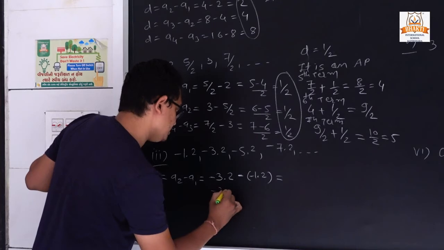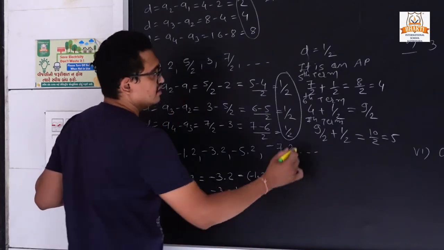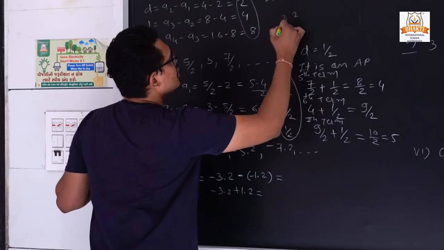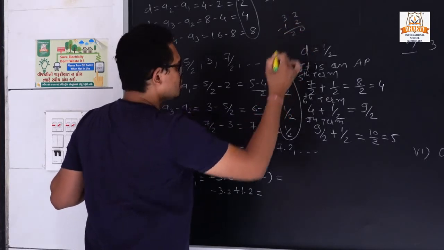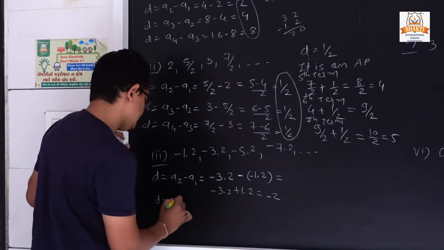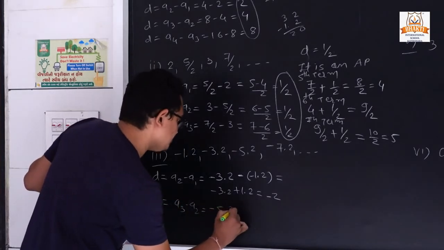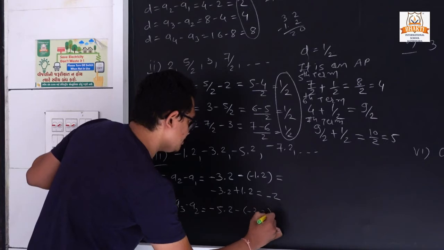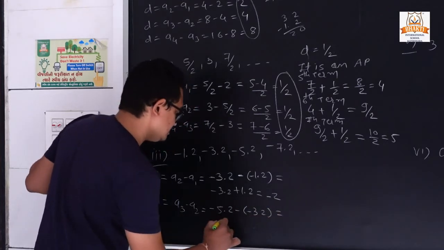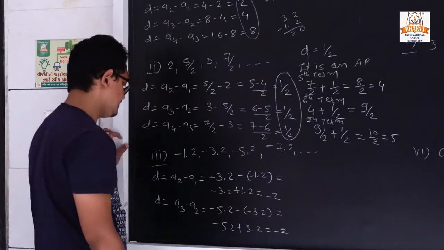So minus 3.2 plus 1.2, so plus minus minus, so it is minus 2. So here we have the difference minus 2. Next, third minus second. Once again minus 5.2 minus in bracket minus 3.2. So once again minus minus plus, and we have the same answer.